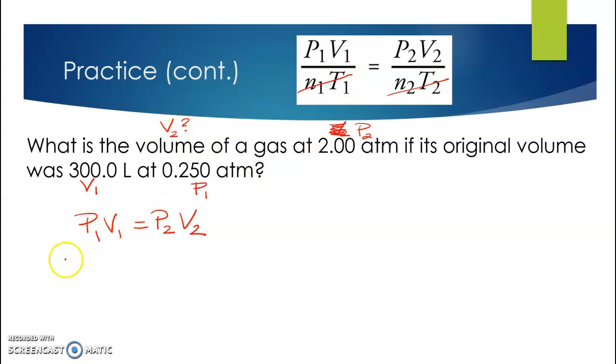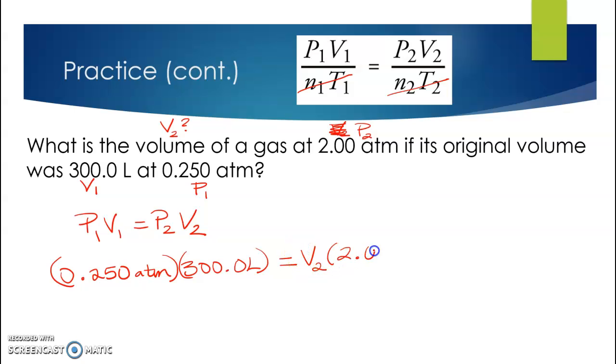Pressure 1 was 0.250 atmospheres, and volume 1 was 300 liters. The product of that should equal my unknown that I'm going to solve for times 2 atmospheres. So I'm going to divide both sides by 2 atmospheres, so that divides out over there.